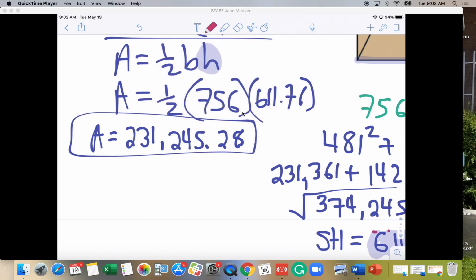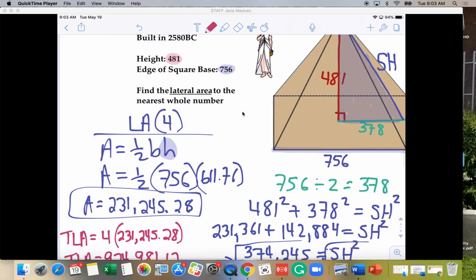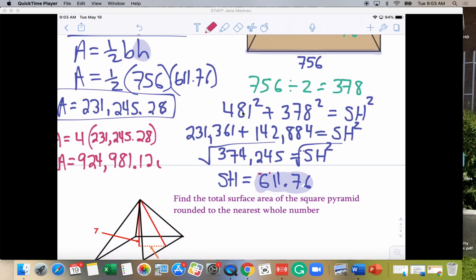So to find the total lateral area, you're going to take 4 times that. So the total lateral area is 924,981.12, and they didn't give us a label, so we'll just go units squared.